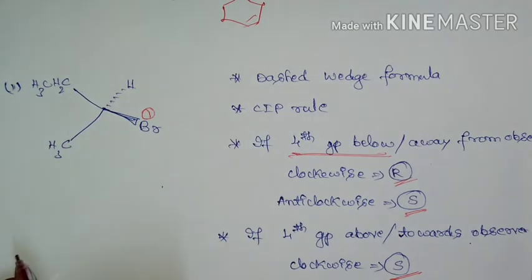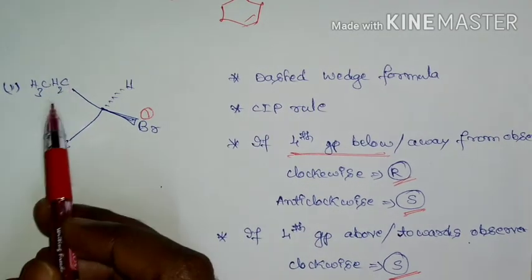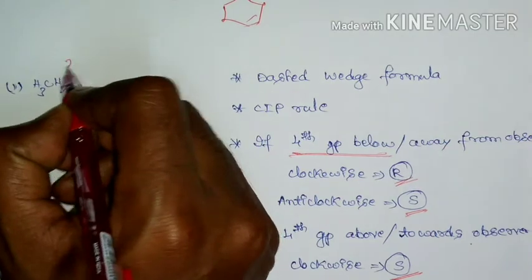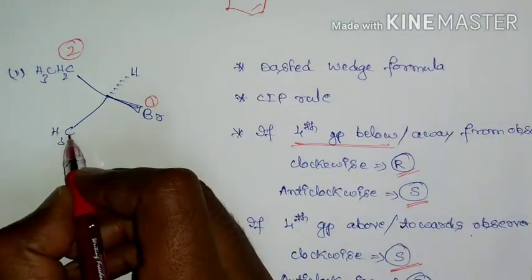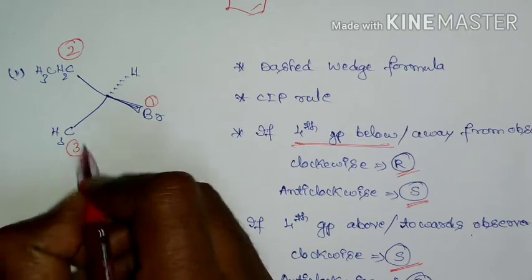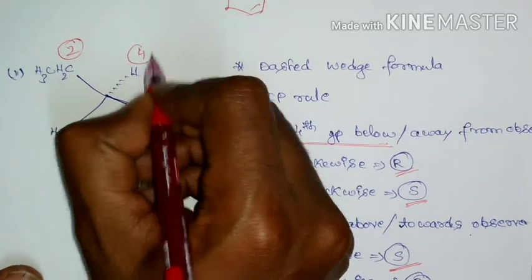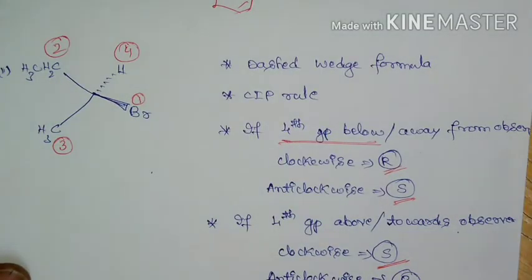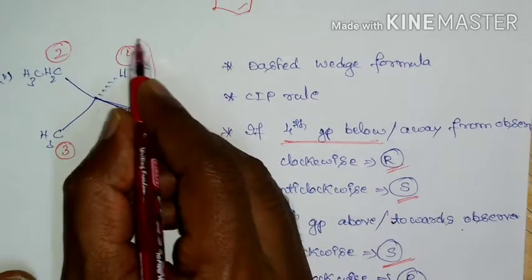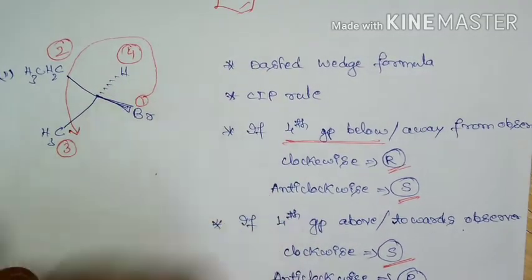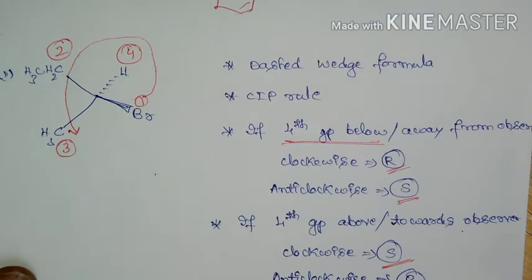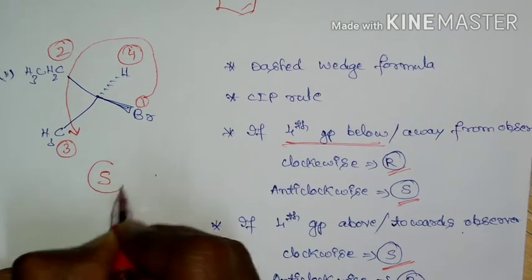Among these two carbons, this carbon is attached to 2 hydrogens and 1 carbon, so it takes second priority, and this CH3 will take third priority, and fourth priority will be given to hydrogen. The movement of priority 1, 2, 3 is anti-clockwise. Since the fourth group is below, away from the observer, and the movement is anti-clockwise, we assign S configuration.